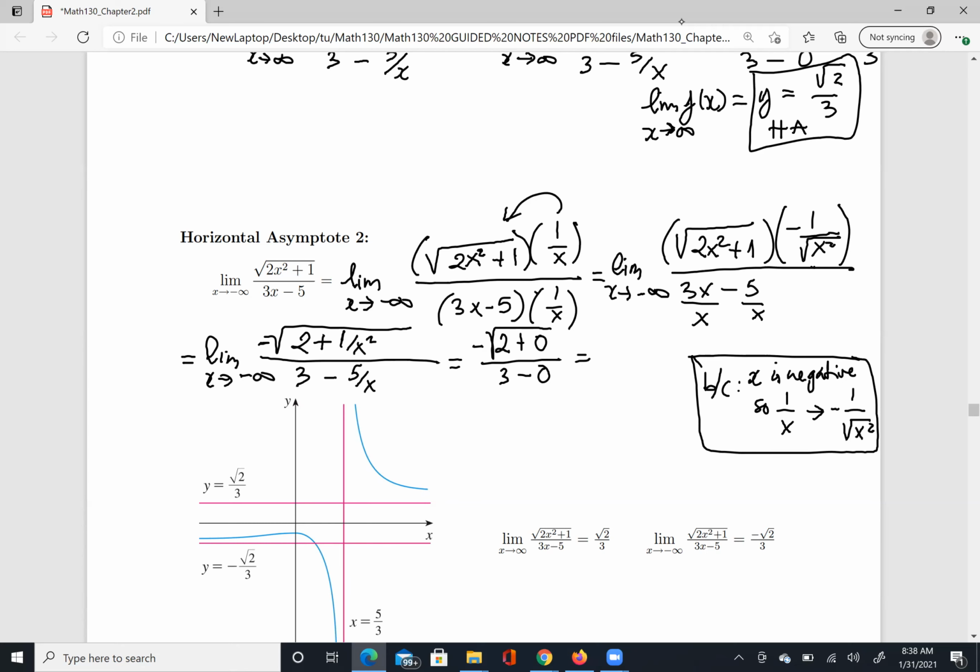And that's going to give you negative square root 2 divided by 3. So then the other horizontal asymptote will be y equal to negative square root 2 over 3.